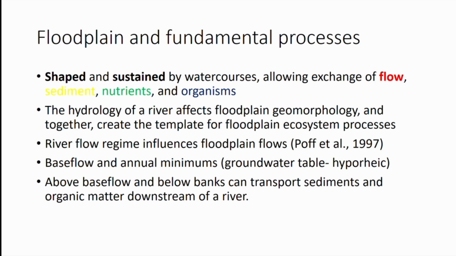But if the flow increases above that annual minimum to a point where it's still below the banks, or the lowest point along the banks of a river, then the stream power is increased to such a point that it tends to carry along sediments and organic matter downstream.